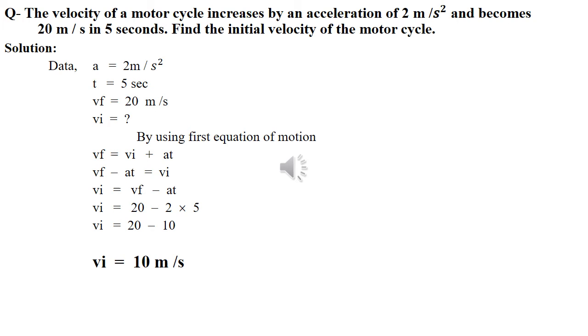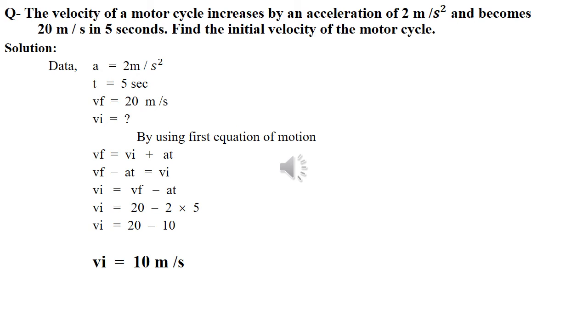So as we see in the data, acceleration 2 meter per second square, time 5 seconds, and final velocity of the motorcycle 20 meter per second, and we have to find initial velocity. By using the first equation of motion, as we see in the data, all things, A, t, Vf and Vi, are in the first equation of motion.